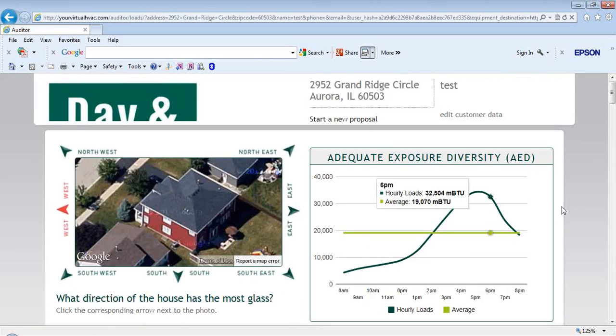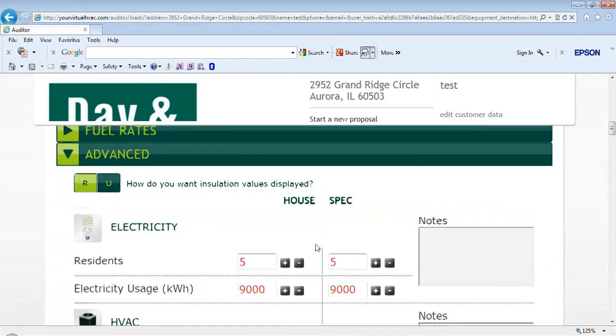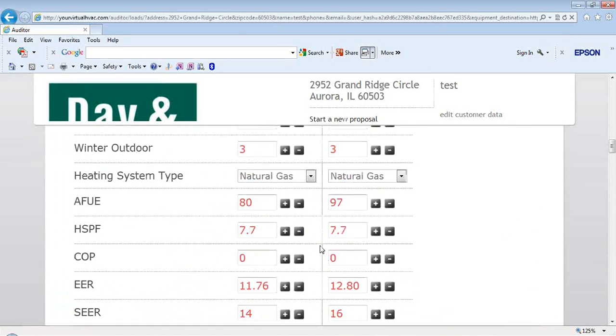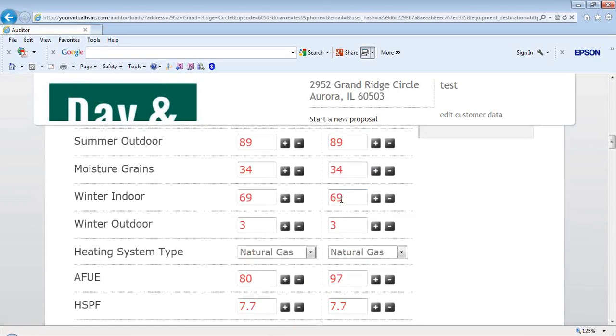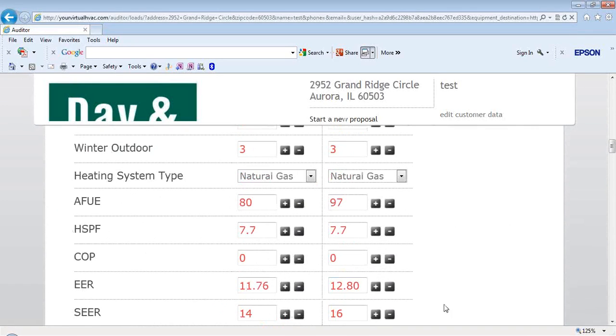Where are we at here? If I go back to this guy, and I go to my advanced, and you see my side-by-side houses, my equipment down here. Right here, it doesn't take that into account. Now, to some degree, that's taken into account a little bit on the cooling side because SEER numbers for air conditioners do change as you pair them with different motor efficiencies. So on the cooling side, it is taken into account in the SEER number.